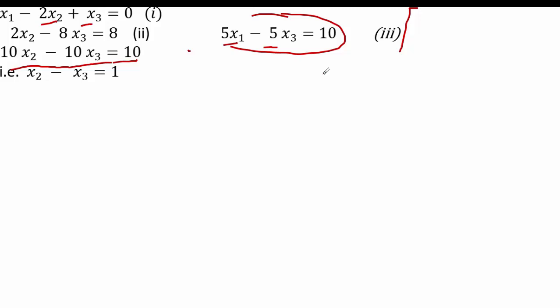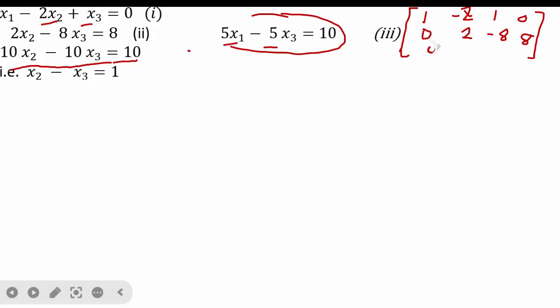Thus, for the third equation, we shall write the system of equations in matrix notation like 1, minus 2, 1, 0, then 0, 2, minus 8 and 8, then 0, 1, minus 1 and 1. Thus we can write the matrix notation for this.